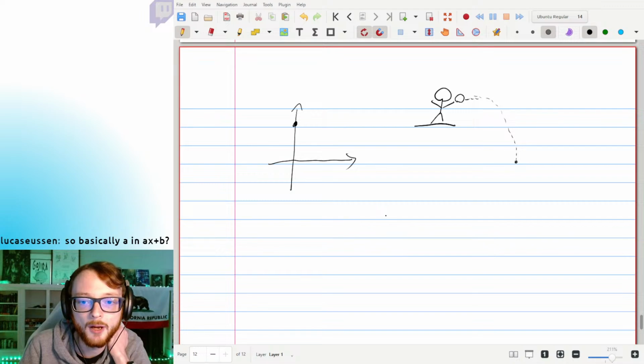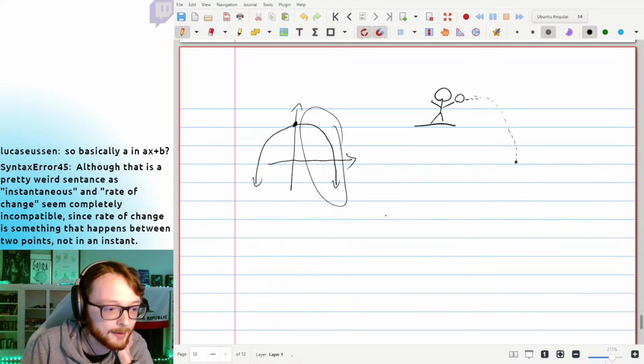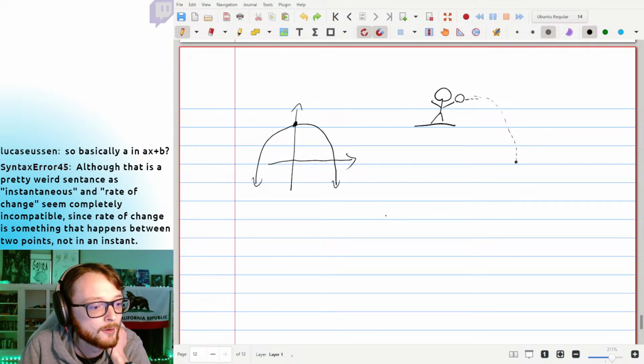And you can model the position of this ball using a parabola. So let's pretend it looks something like that. And we only care about the positive part, but it is reflected on both sides. It gets a little bit more complicated, but it's a lot like that.